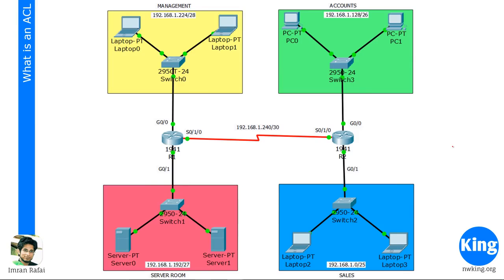So what is ACL? If you followed us from day one, all the information on all the videos built our knowledge to come to a stage where we were trying to establish communication between devices, right?